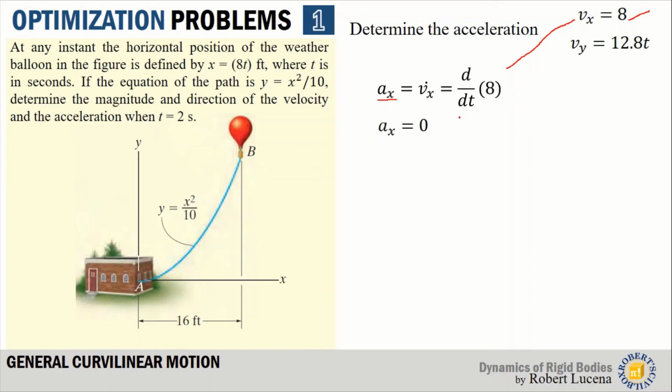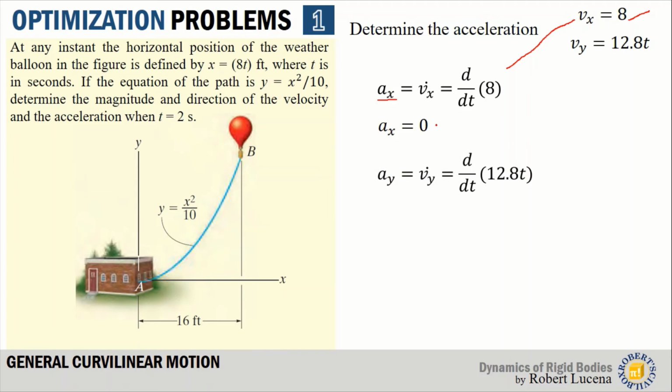And it is proven by differential calculus because if you differentiate a constant, it would be 0. So we have two ways of proving that the acceleration is 0. First, if the velocity is constant, there is no acceleration. And if the velocity is constant, if you get the derivative, which is the acceleration, you also get 0.